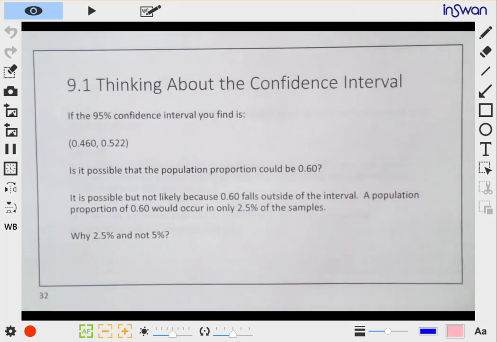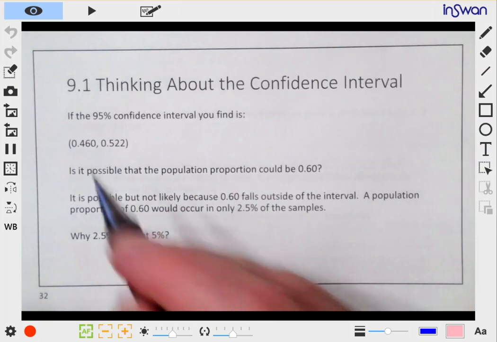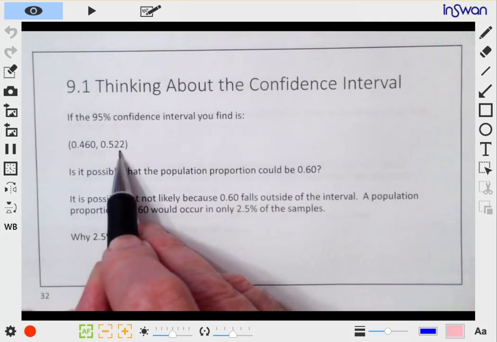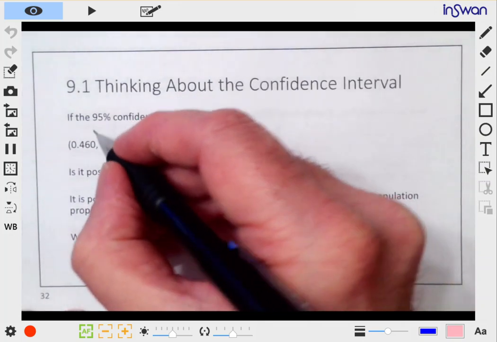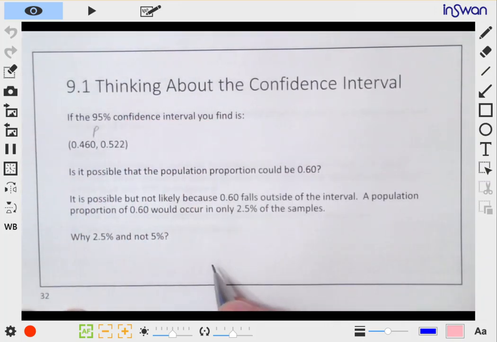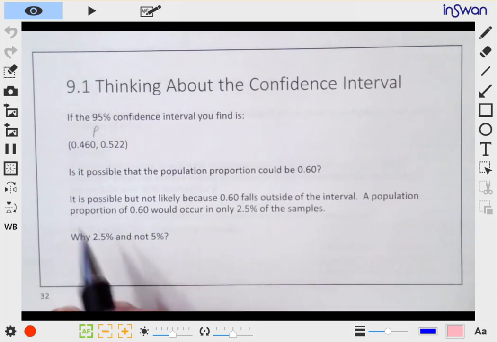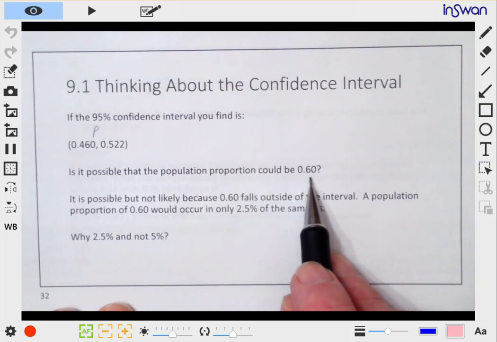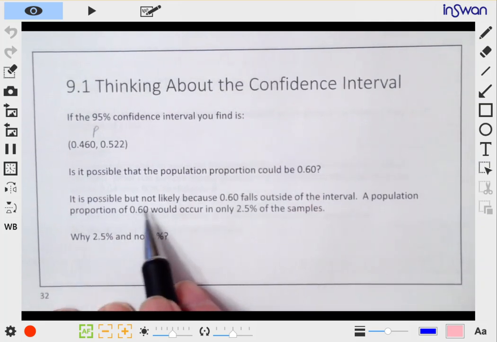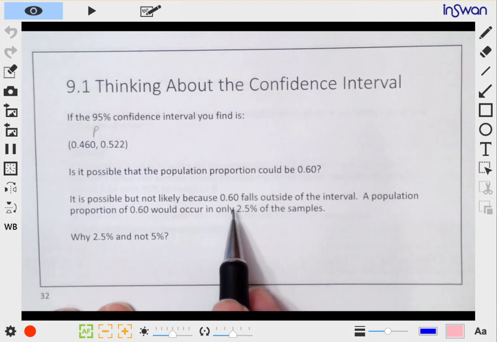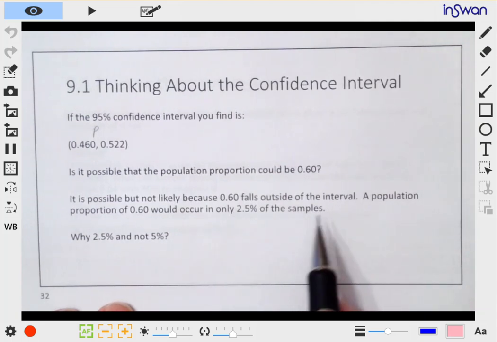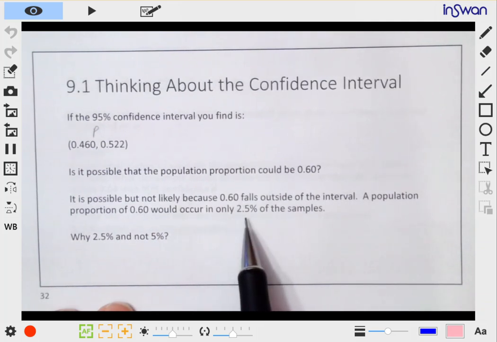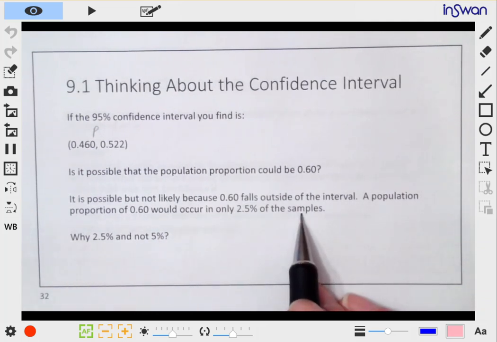If the 95% confidence interval you find is this interval here, from 0.460 to 0.522, we're saying that p is somewhere in here, at least in section 9.1. Is it possible that the population proportion could be 0.60? Yeah, it is possible, but not likely because 0.60 falls outside of the interval. A population proportion of 0.60 would occur in only 2.5% of the samples.